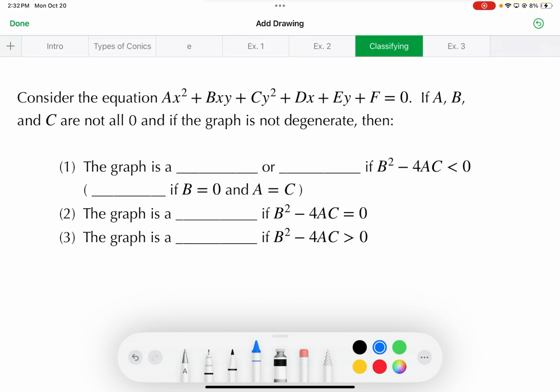Okay? Now, one thing I want to draw your attention to here is this term. None of our equations so far have had a term that's got both x and y in it. Okay? So if this is the case, and b does not equal 0, then it means the conic section has been rotated, which we haven't really looked at yet.